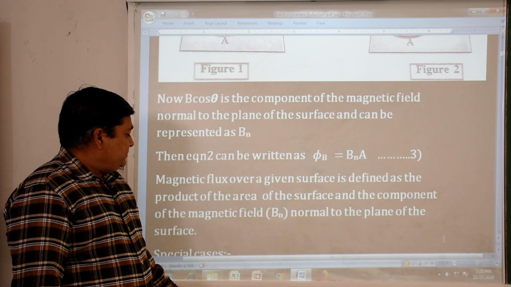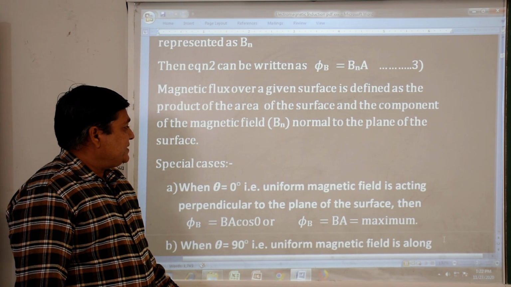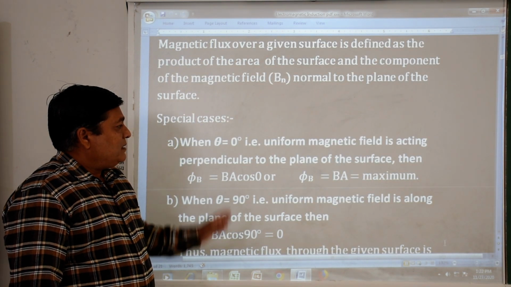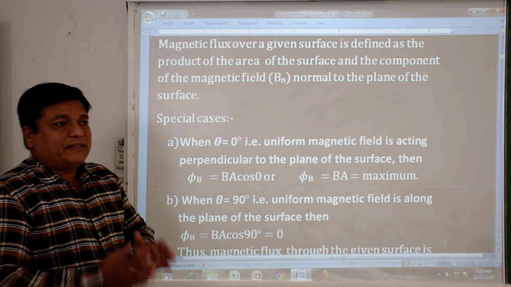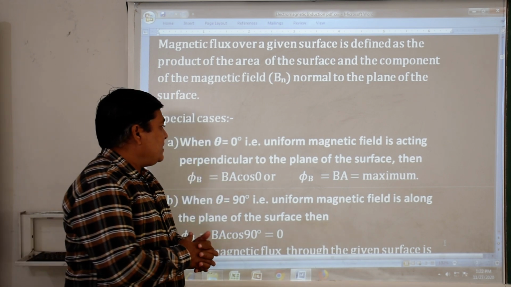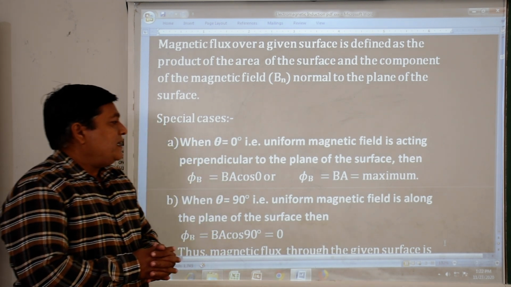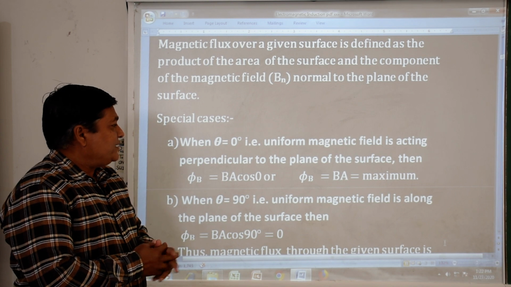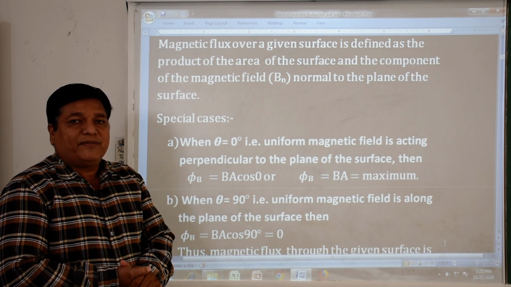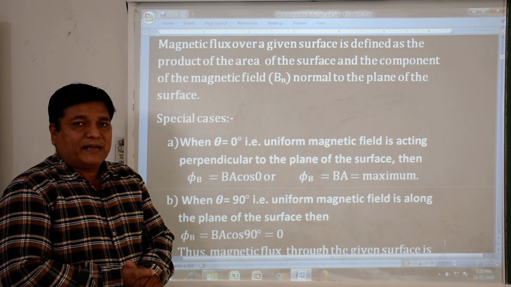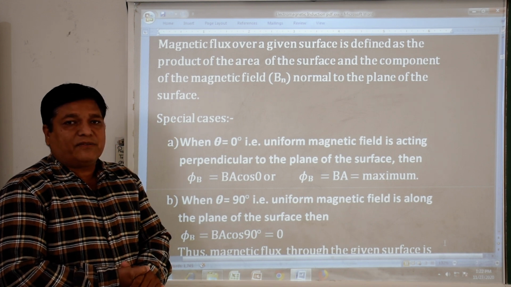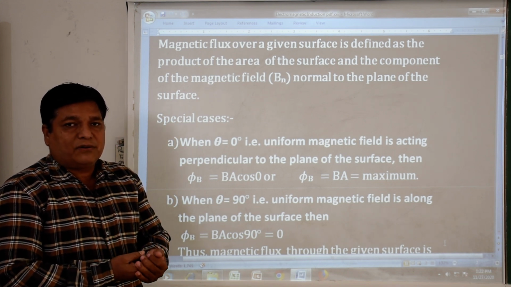Now, here let us consider particular cases between the magnetic field and the area vector. The direction of the area vector is always perpendicular to the plane.